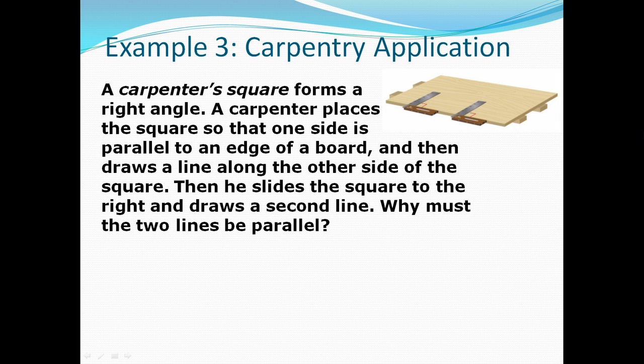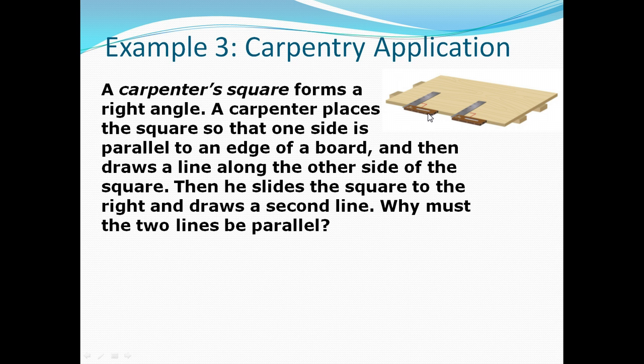So let's look at this picture. He's drawn a line here and a line here where the two squares are shown. Why do they have to be parallel? Well, we notice these little red corners that show that they are perpendicular. It's a right angle.